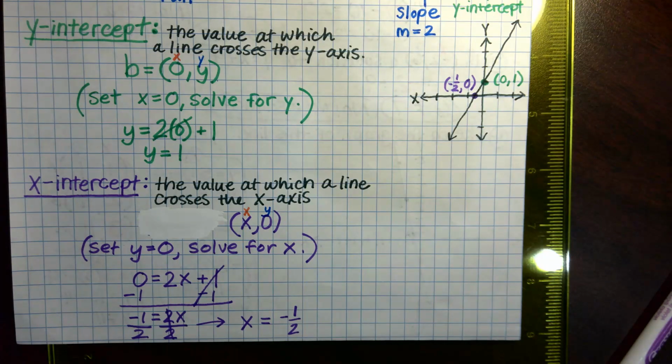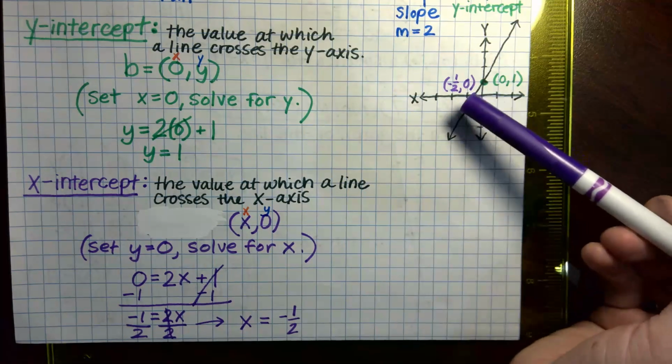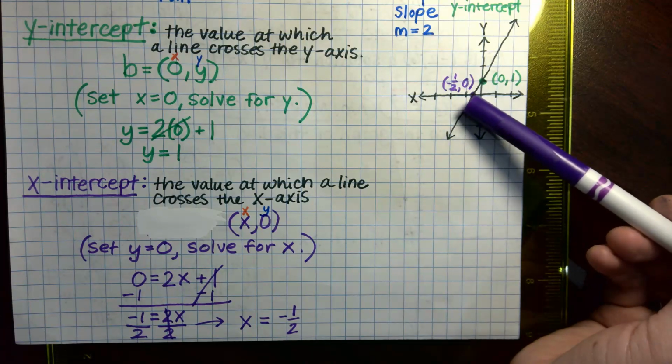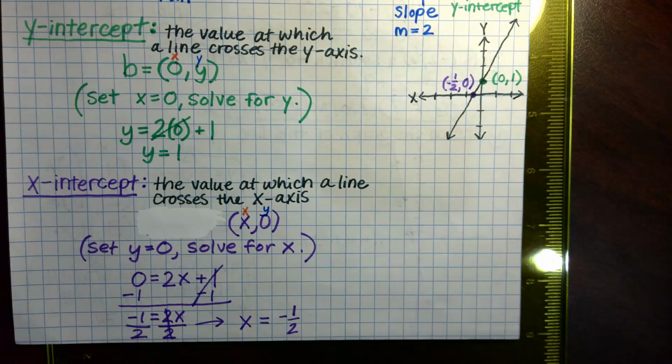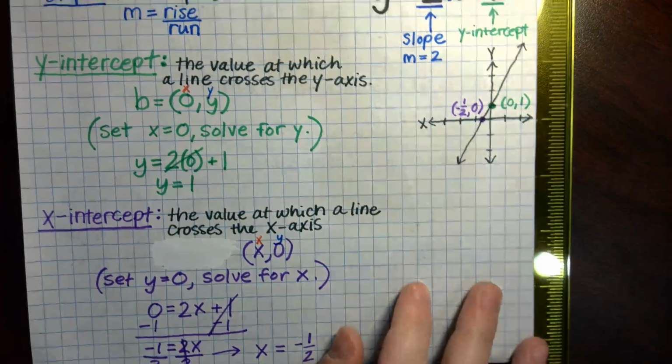Yes, negative 1/2 is not quite negative 1, but it's still smaller than 0. So it would go right there in the middle. Perfect. Okay. I know I might have confused some of you with that little oopsie right there. So does anyone have any questions about these 3 items here?